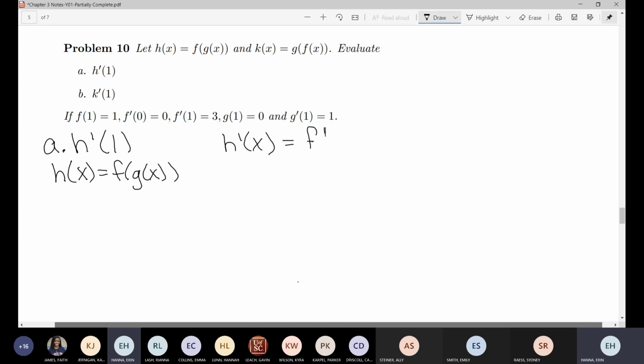It tells me that I have to take the derivative of the outside function, leave the inside function alone, times the derivative of the inside function. In this case, it was nice because it follows exactly what the chain rule looks like. But be careful in case, like the other one was g of f of x, so it would be flip-flopped. So if I want to evaluate h prime of 1, that would mean I would have to put a 1 everywhere I see an x.